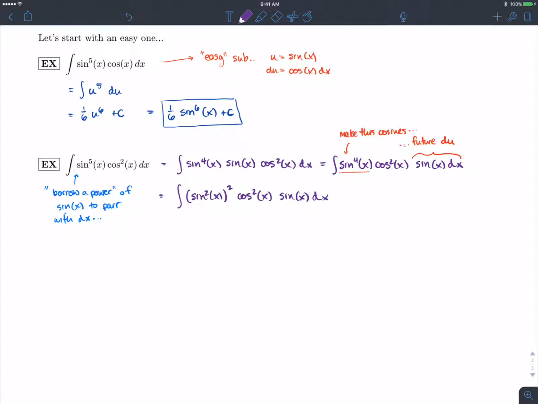So what we're in the throes of doing right now is rewriting the remaining sines as cosines.